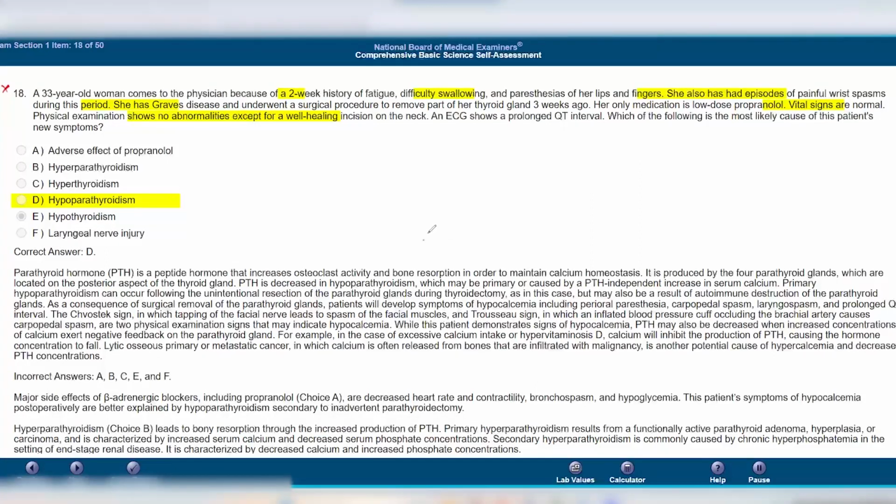But let's see. I think what threw me off was just the prolonged QT interval.